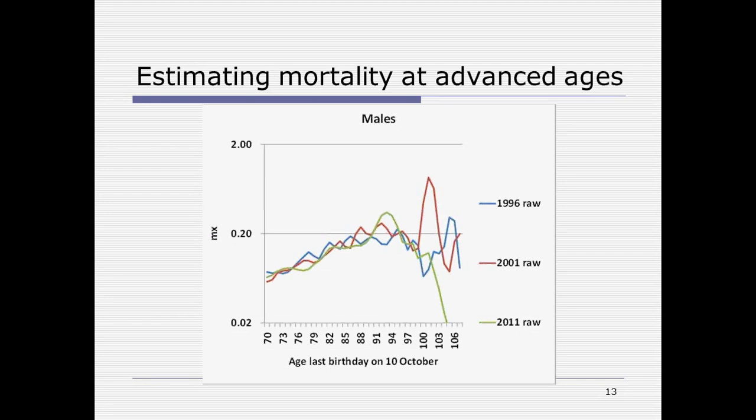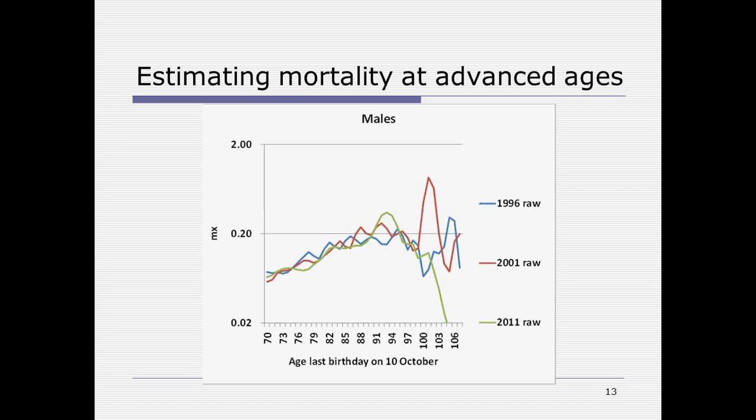And then lastly, looking at the problem of estimating mortality at advanced stages, and part of this work was to try and look at whether there's been an improvement in mortality at advanced stages. This shows an estimate of mortality at the advanced stages, correcting for incompleteness in reporting, but no other correction. And it's not an unfamiliar pattern.